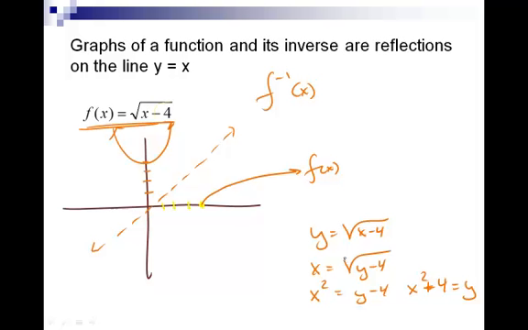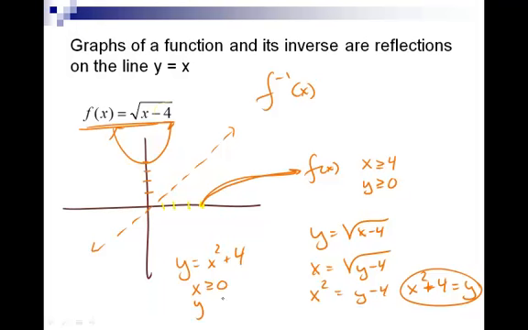So here's what we have to do. We have to be very careful of domain. So the domain of this graph is that x must be greater than or equal to 4, and the range is that y must be greater than or equal to 0. When I go to my inverse function, since I switched my x and my y, now my domain is that x must be greater than or equal to 0, and that y must be greater than or equal to 4.